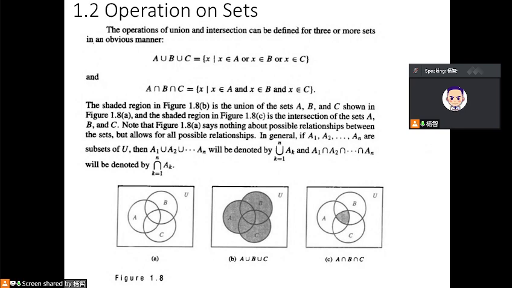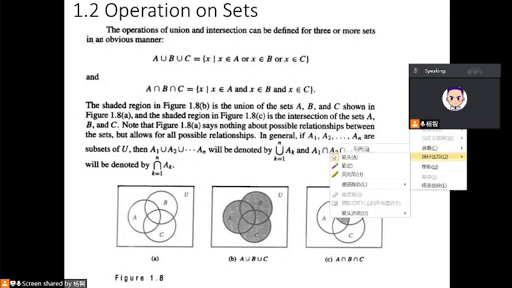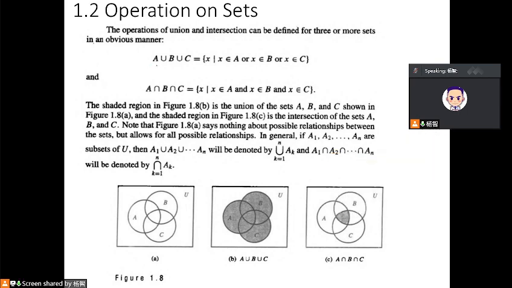If there are more than 2 sets, we can write it like this: if there are 4 sets A, B, C, D, you can write A union B union C union D. We must make sure that all elements satisfy the definition.